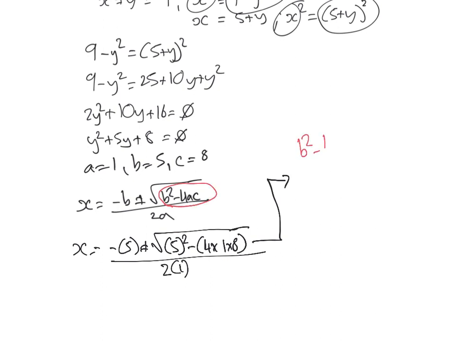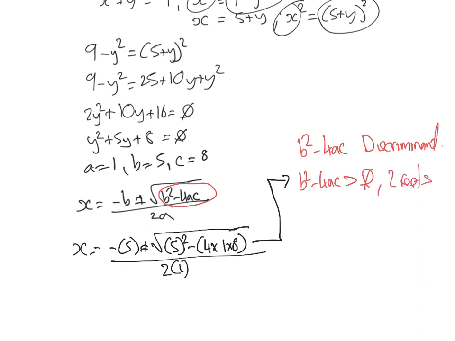Now b squared minus 4ac is called the discriminant because it discriminates the number of roots you're going to get, the number of solutions. Okay, and you should be able to see here that if b squared minus 4ac is greater than 0, you'll get 2 solutions.